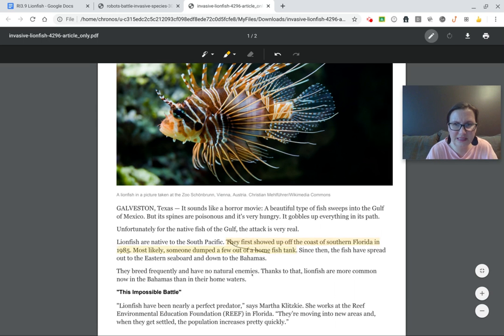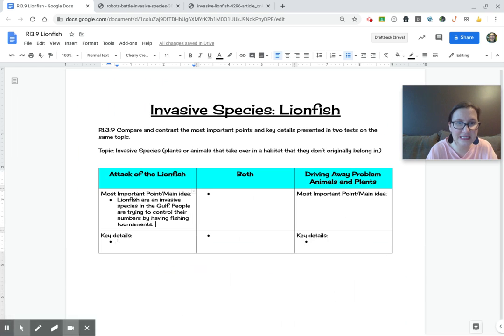All right, so we caused the problem. It's also important to notice that they breed frequently and don't have any natural enemies. Uh-oh, that means their population goes up and nothing is eating them to control that population. So let's add that to our important details.